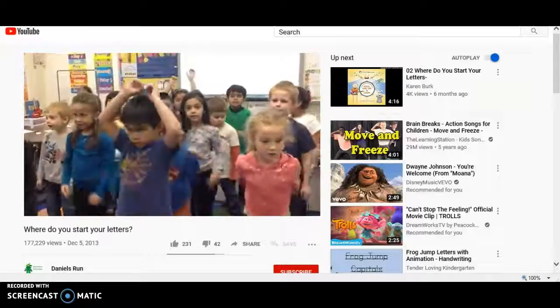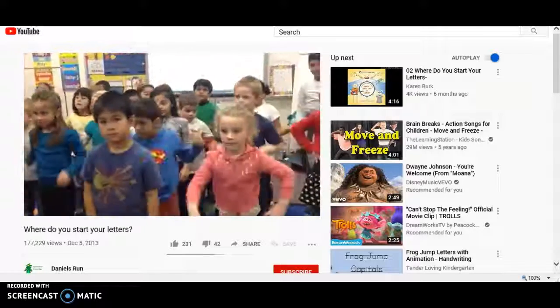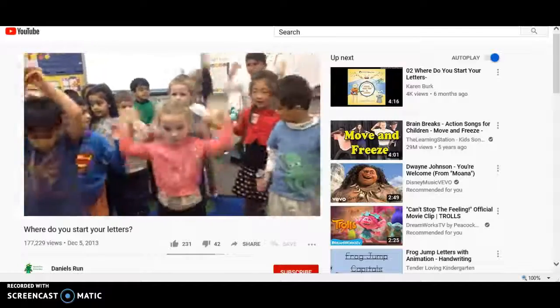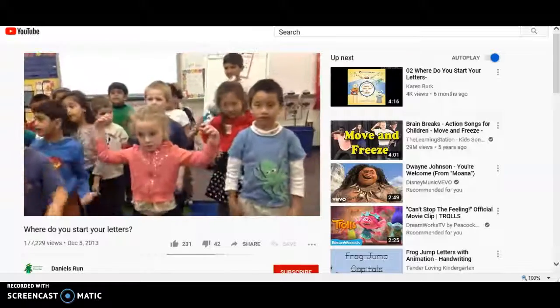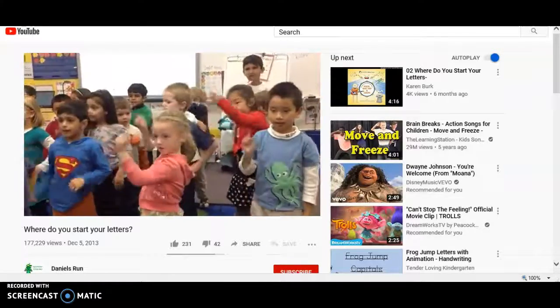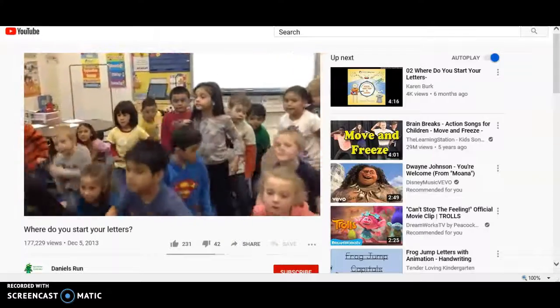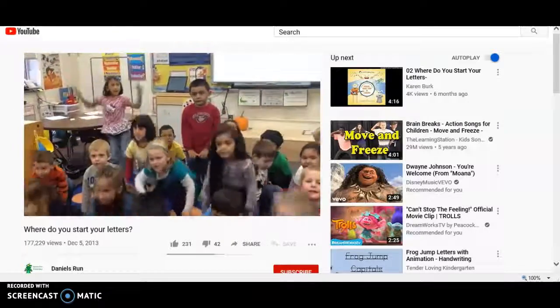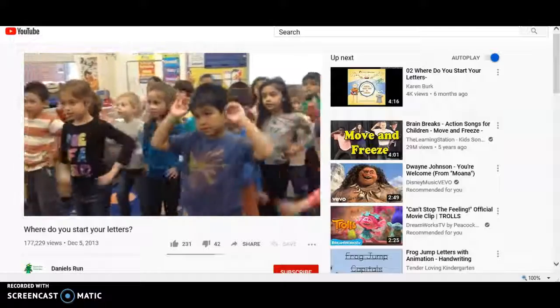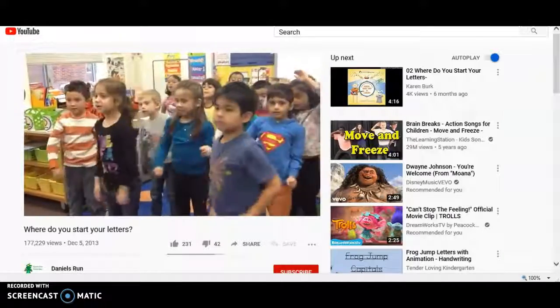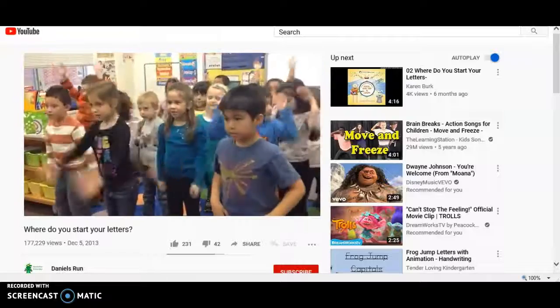Start your letters at the top. Here we go. Where do you start your letters at the top? If you want to start a letter, then you better remember to start it at the top. It's the top, no, it's the bottom. No, it's the middle. It's the top.